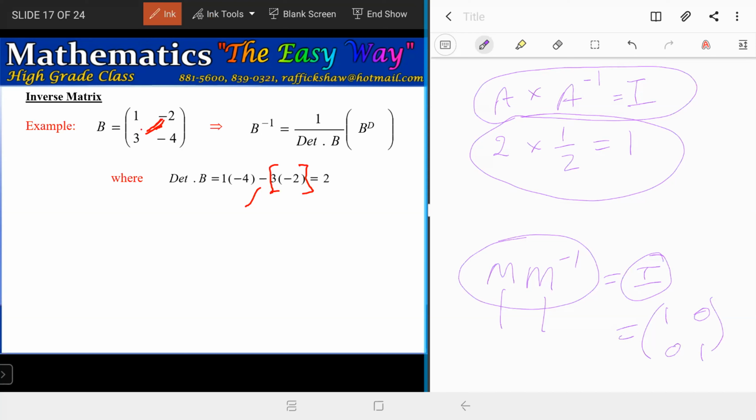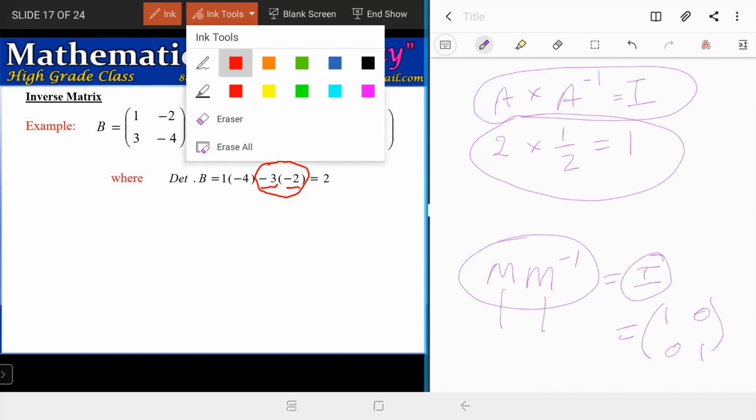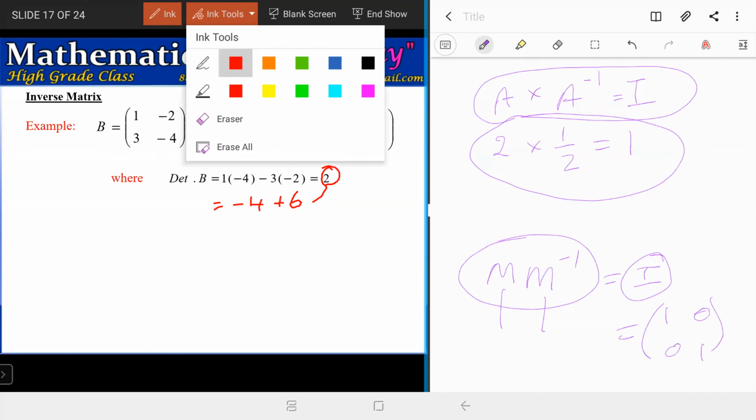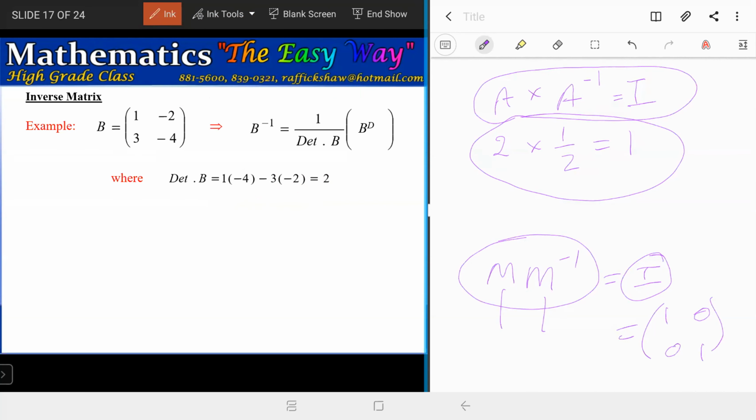And then when we're doing these things, we have to care for the minus that we have here, because this minus makes this a +6. So really and truly, this works out to be -4 plus 6. -4 plus 6 is now equal to 2, and that is how I get the 2. So the determinant is 2, and this value is going right there.